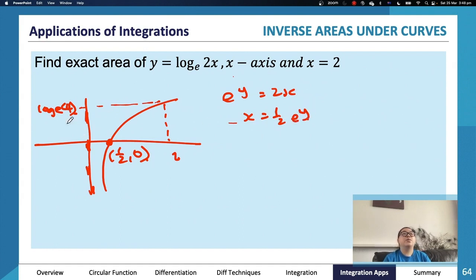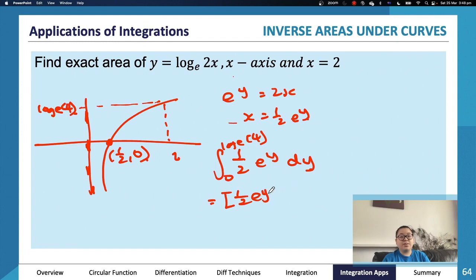We can see that's going to be the function part there. Then we can integrate in terms of the y-axis. So we go 1/2 e to the y dy, and we integrate it from log_e 4 to 0, because we can see those are the y coordinates that correspond to that. So what we will get from there is that this is a half e to the y.